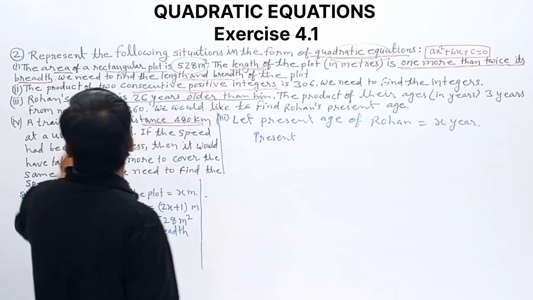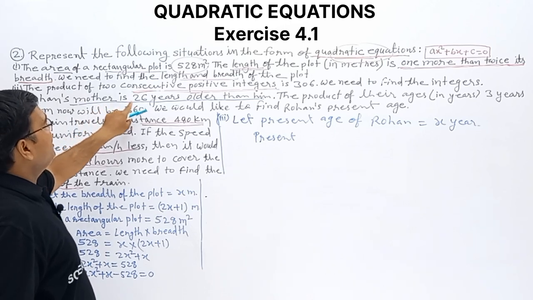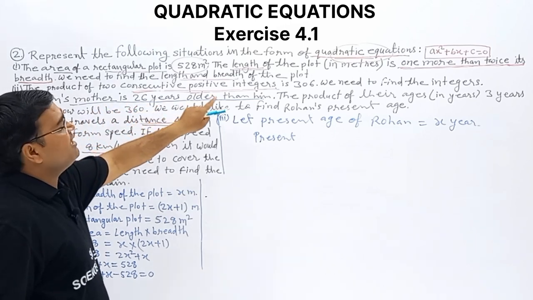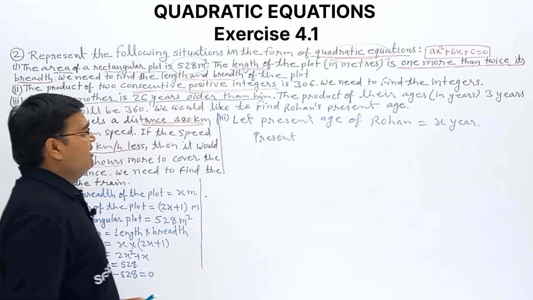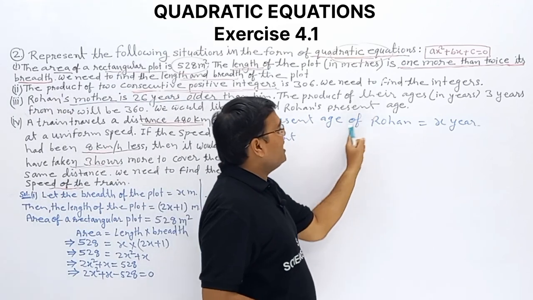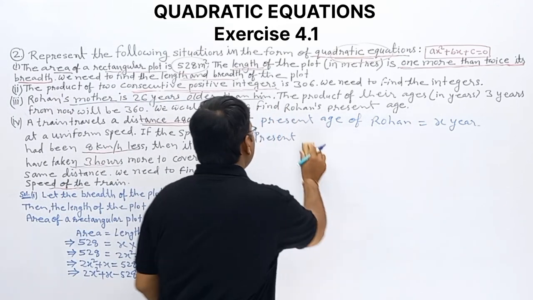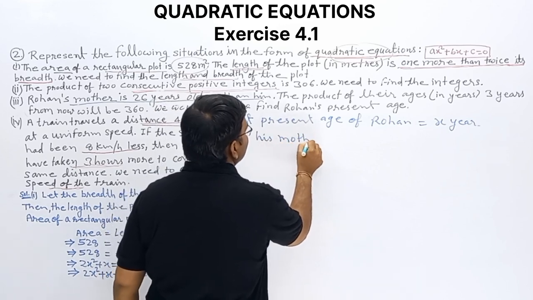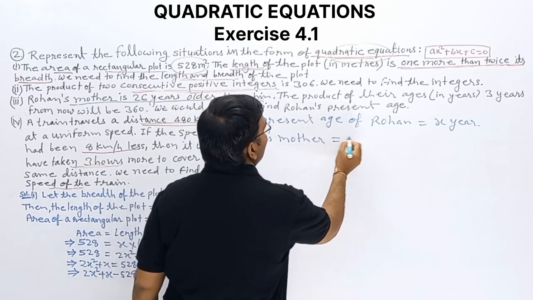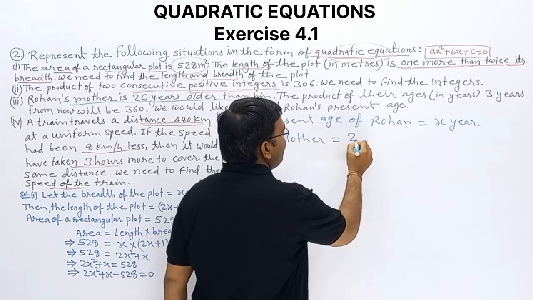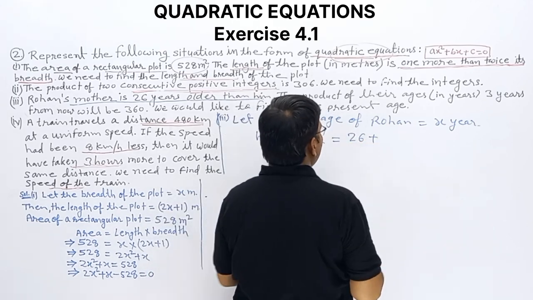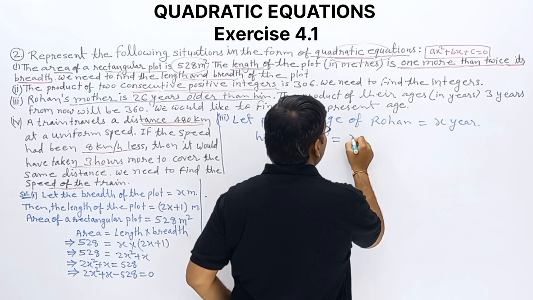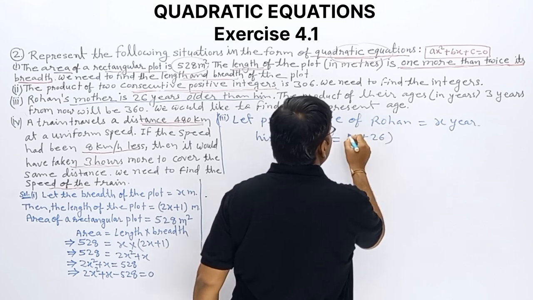Normally we can say Rohan's mother is 26 years older than him. His mother, let the present age of Rohan be x years. His mother, directly we can say, equals 26 plus x, or we can say x plus 26. Observe carefully, x plus 26 years.